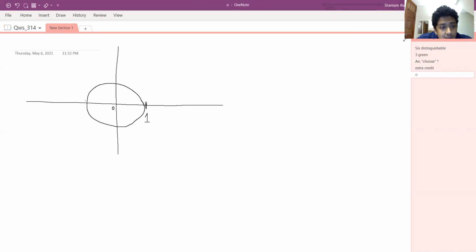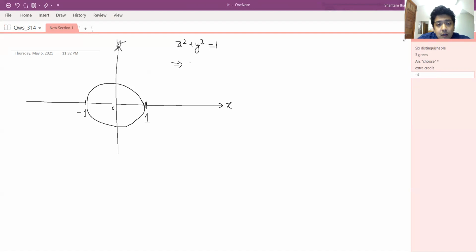I'm going to label minus 1, all right? And if I want to write an algebraic form of this function, I better label my axes so that I can use these variables. If I call this guy y, this guy x, then the equation of this circle with constant radius 1 is x squared plus y squared equals 1, okay?